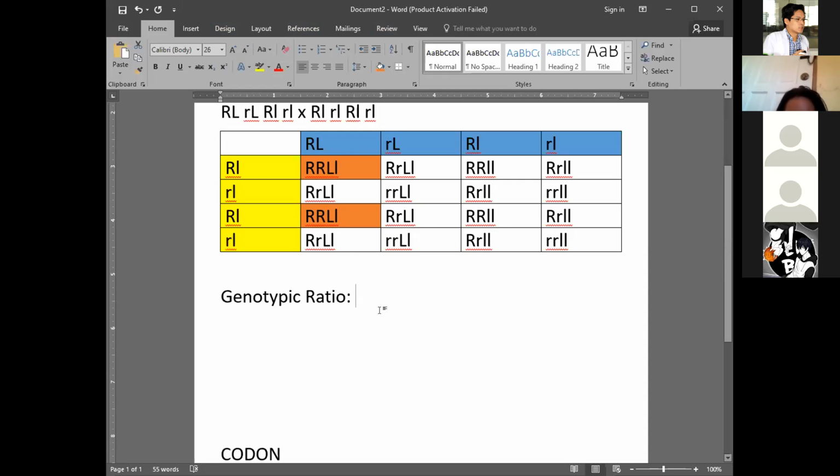Now we will take a look at the genotypes or genotypic ratio. We have 2. What is this? This is two red eyes with long body.